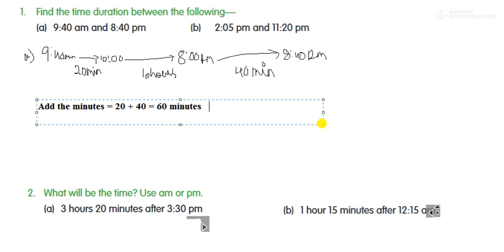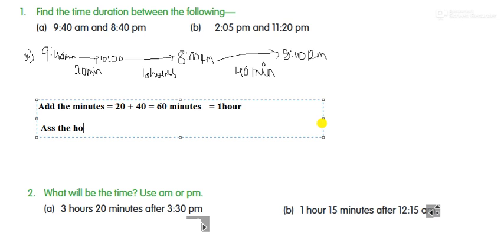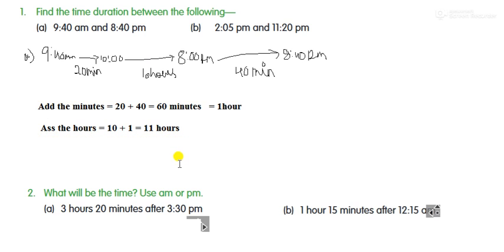So 60 minutes means 1 hour. Next add the hours. 10 hours plus this 1 hour equals 11 hours. So the duration between 9:40 am to 8:40 pm is 11 hours.